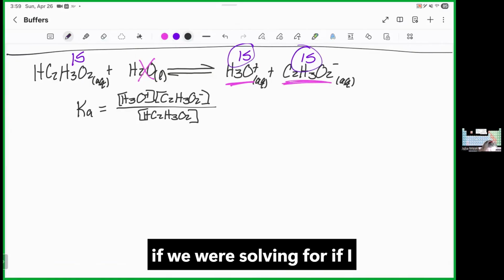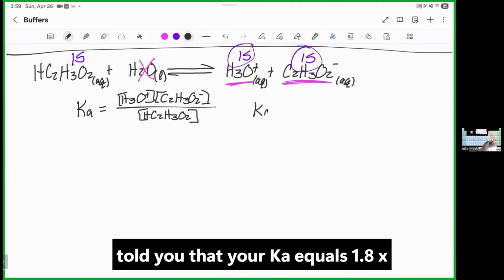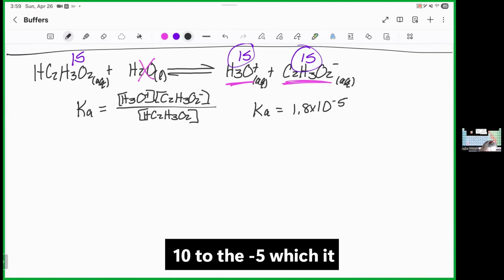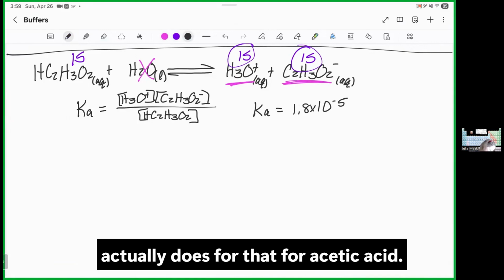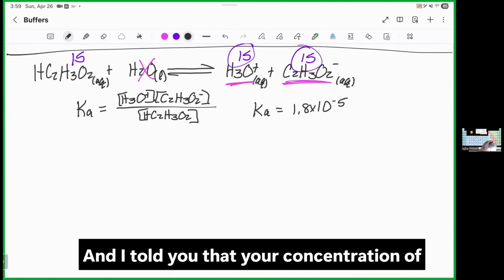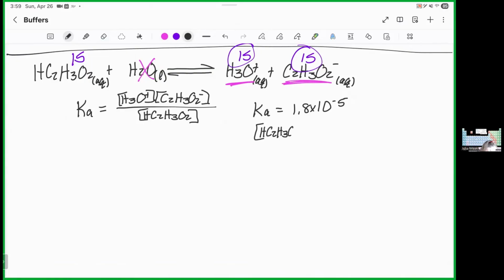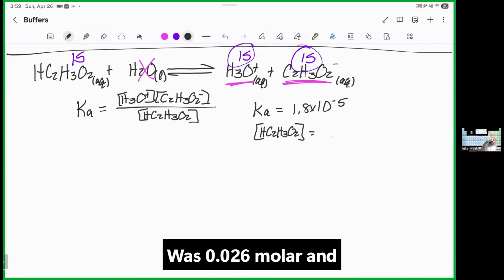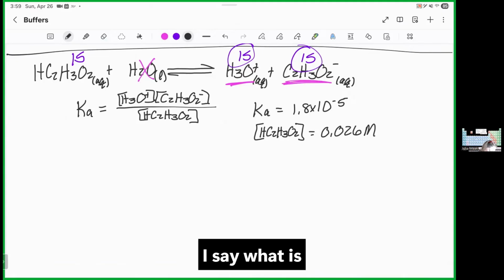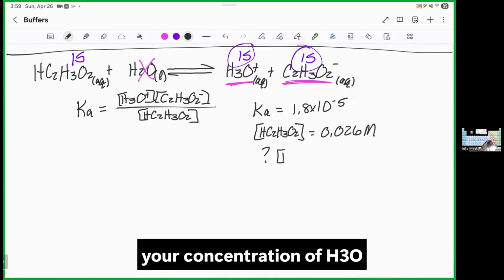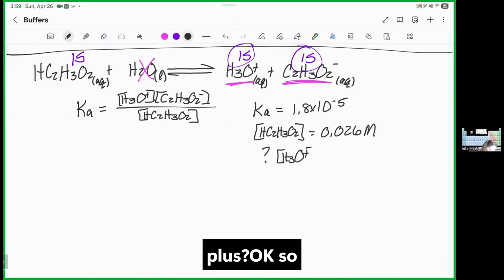If I told you that your Ka equals 1.8 times 10 to the negative 5, which it actually does for acetic acid, and that your concentration of the acid was 0.026 molar, and I ask what is your concentration of H3O plus?